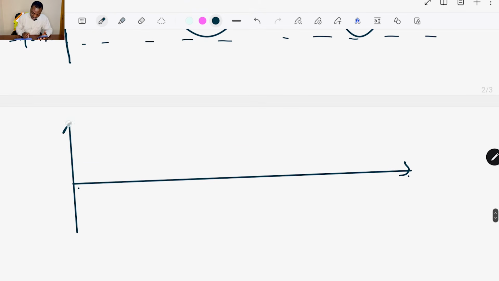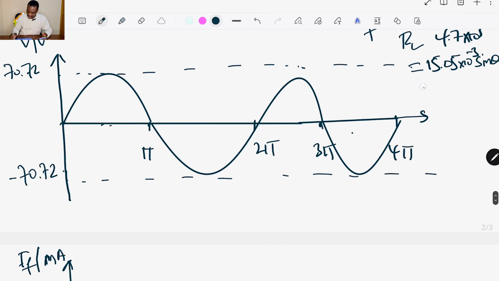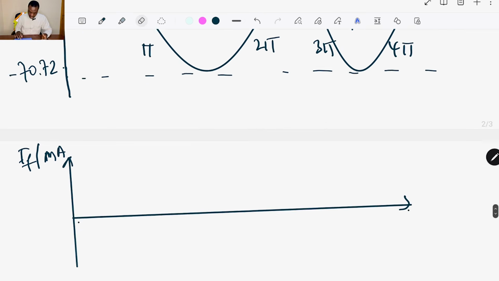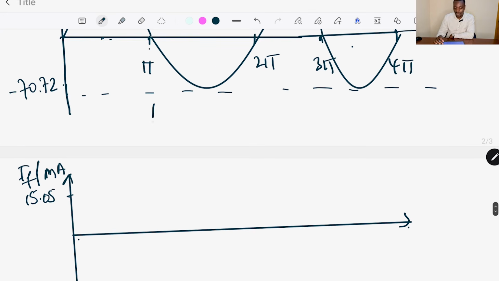This is our current in terms of milli, so we have 15.05 milliamps.